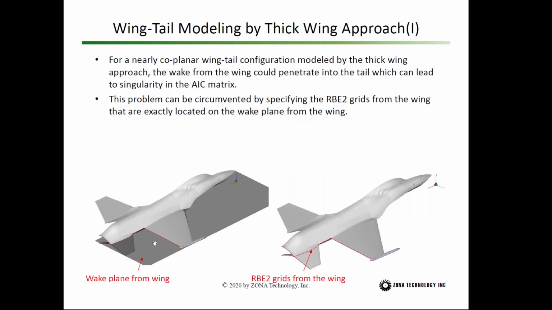First you want to create a plane. This plane is the plane of the wake generated by the wing trailing edge. Then you find the intersection of this plane with the tail. Then you specify the RBE2 grid along here and along here. And this can circumvent the wake penetration problem.